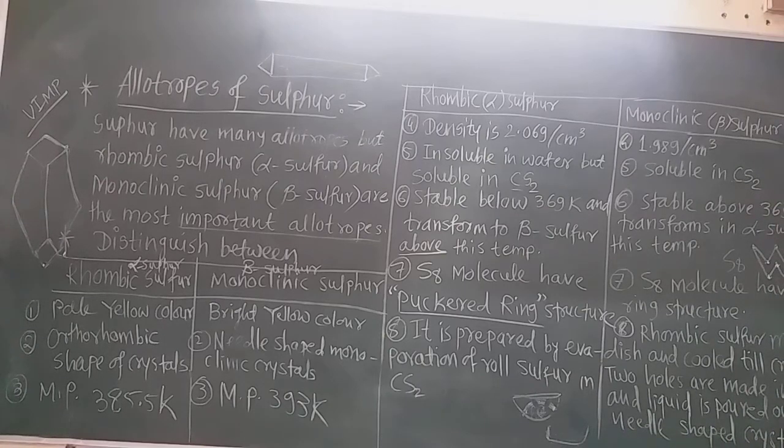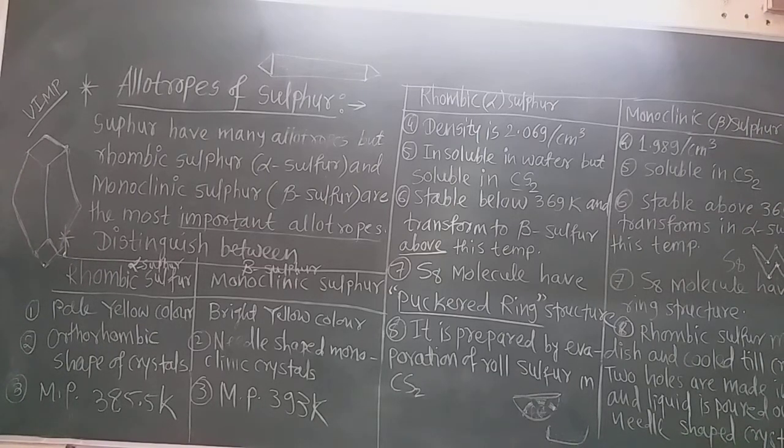At elevated temperature, nearly equal to 1000 Kelvin, the S2 form in the vapor state is the dominant species, which is like the O2 molecule in its paramagnetic nature. The bond angle in the puckered ring structure in the rhombic shape is about 107 degrees, and the length between the two sulfur atoms, that is the bond length, is about 204 picometers.